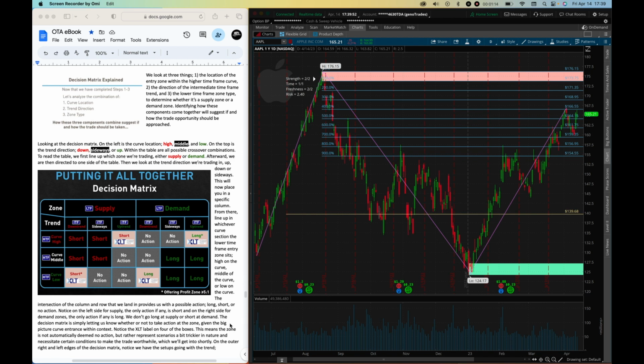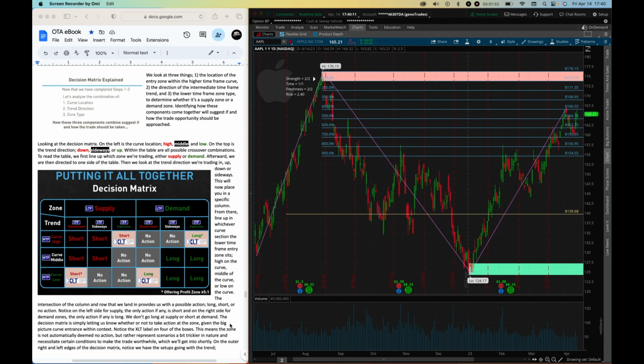And 3, the lower time frame zone type to determine whether it's a supply zone or a demand zone. Identifying how these components come together will suggest if and how the trade opportunity should be approached.